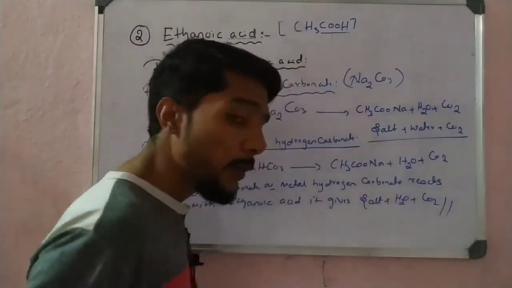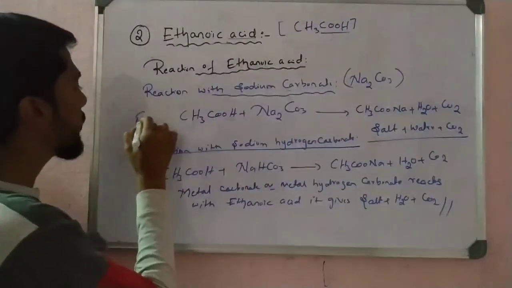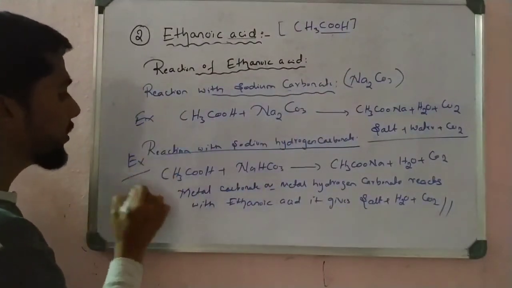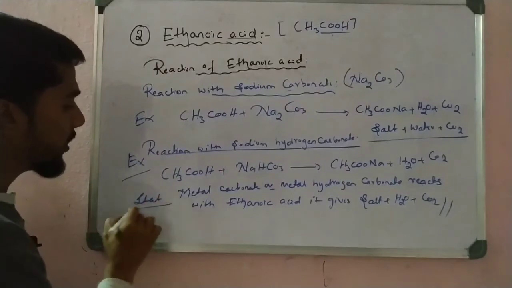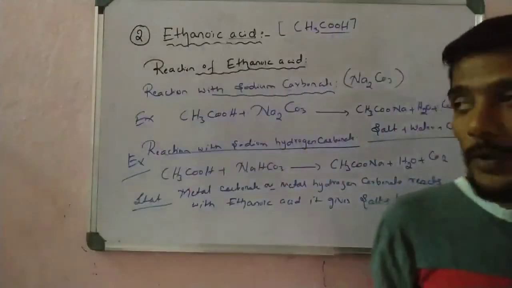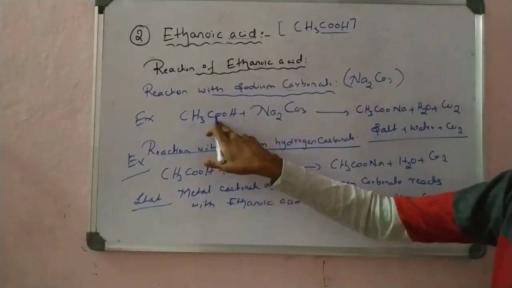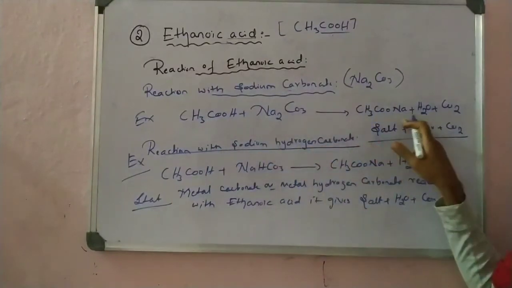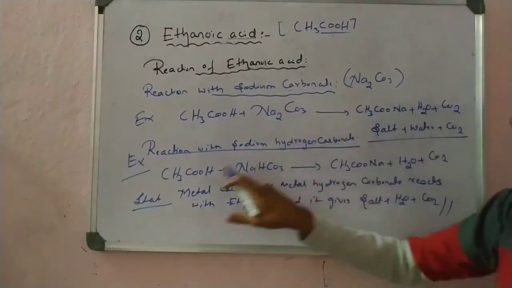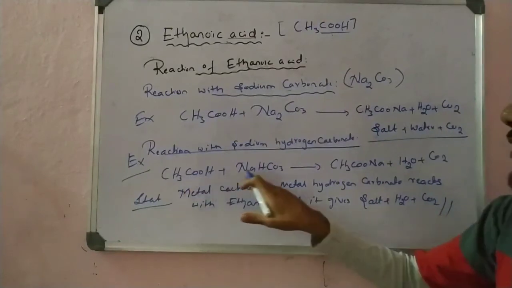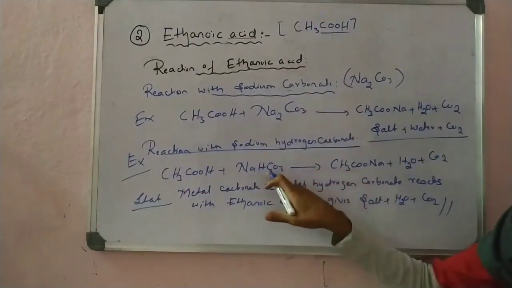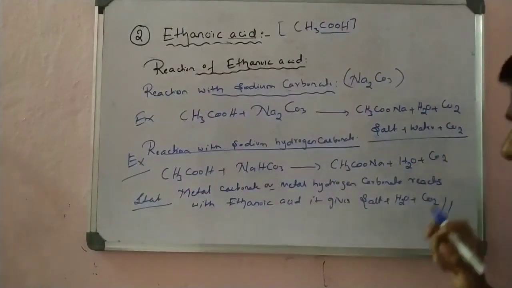That is very important, you have to remember. This is our statement, and the examples which support this statement are here. The acid reacts with metal carbonate, and we get salt, water and carbon dioxide, and ethanoic acid reacts with metal hydrogen carbonate, that is baking soda, giving salt, water and carbon dioxide.